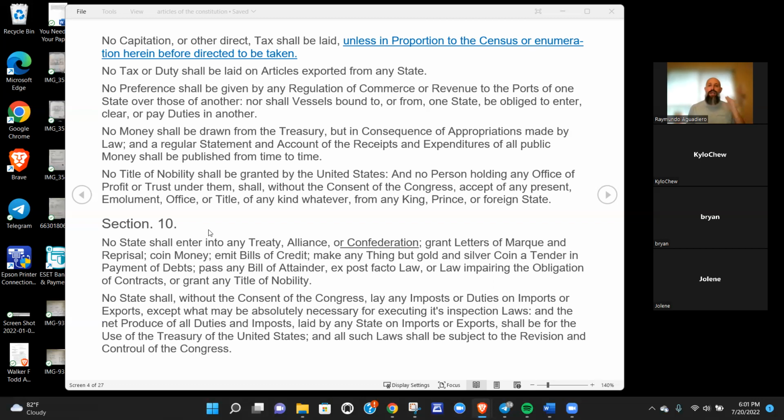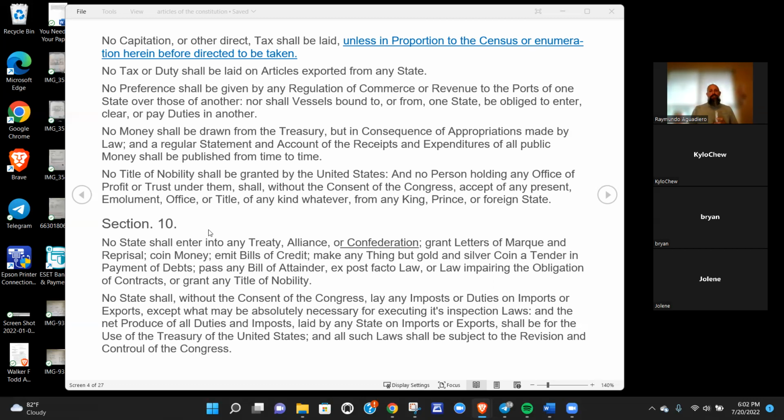So here it's establishing limitations on what state governments can do. They cannot sign treaties with somebody else. They cannot create their own confederation, even though somebody did it once. They can't create letters of marque and reprisal. A state cannot pay a private person to go after any type of thing belonging to the state.